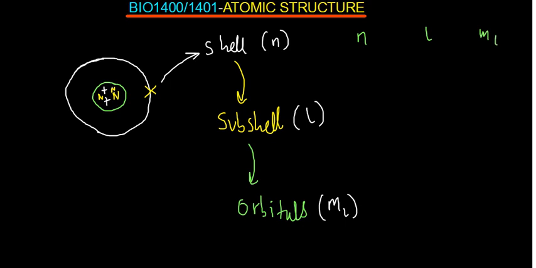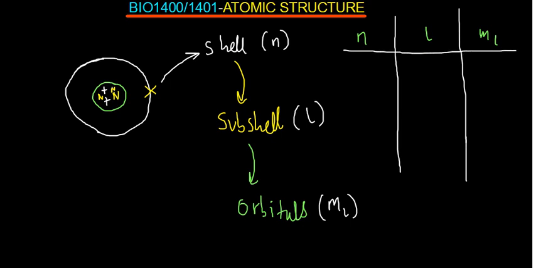I use a table to make it easier for you guys to understand. So for the first energy level, we are going to say N is equal to 1. That's the first energy level.